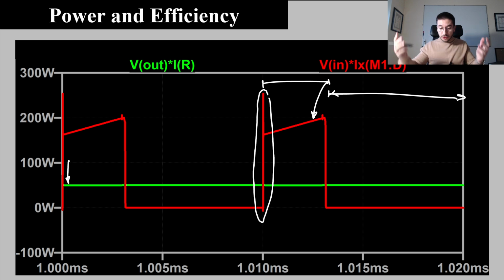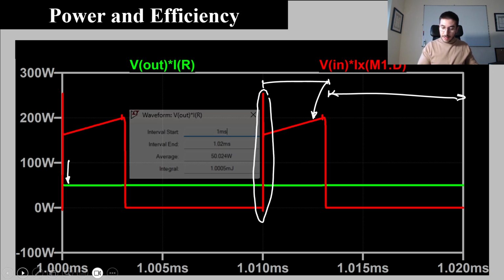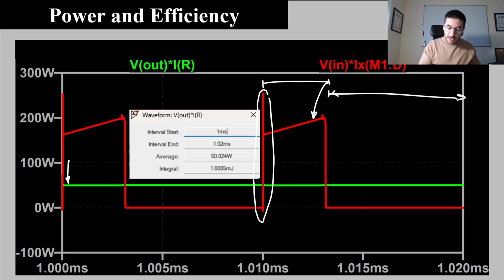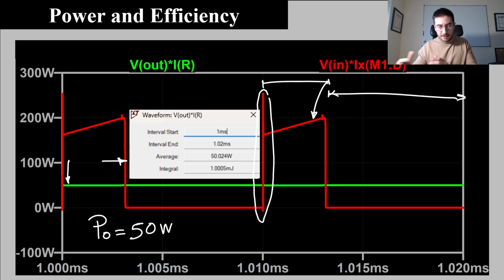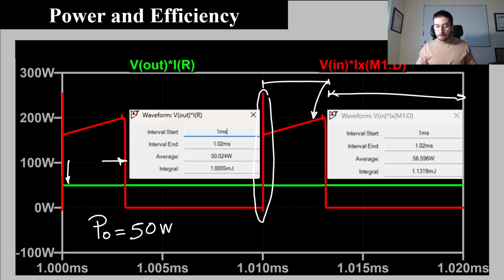And well, if you try to evaluate the efficiency, you know that we need average output power and average input power. We can do that very quickly with LTspice. We use the average function of LTspice, and you will see that the average output power is 50 watts, as we expect. Okay, but when we evaluate the average input power, you can check that the value is 56.6 watts.